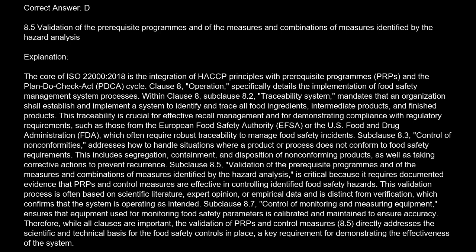Subclause 8.5 Validation of the prerequisite programs and of the measures and combinations of measures identified by the hazard analysis is critical because it requires documented evidence that PRPs and control measures are effective in controlling identified food safety hazards. This validation process is often based on scientific literature, expert opinion, or empirical data, and is distinct from verification, which confirms that the system is operating as intended.